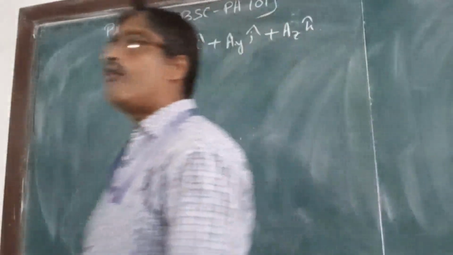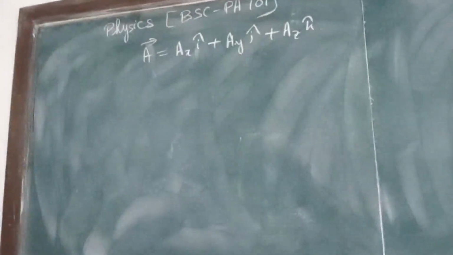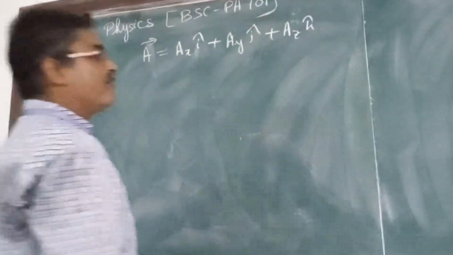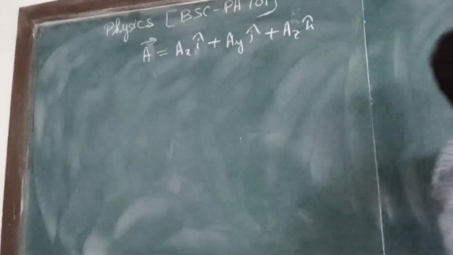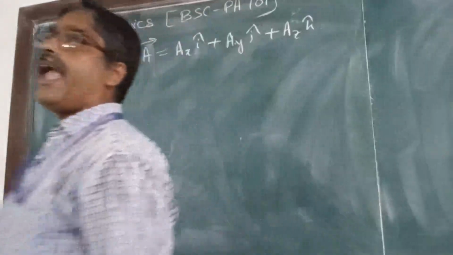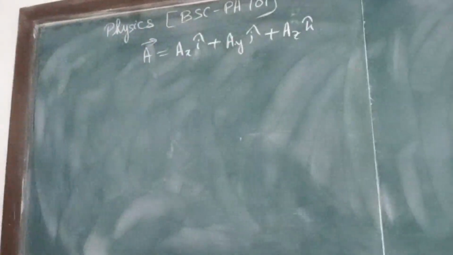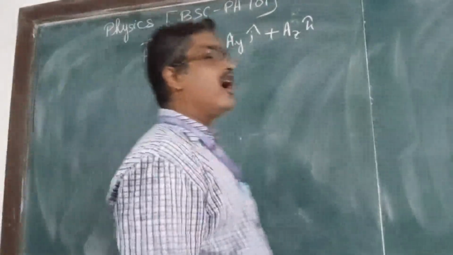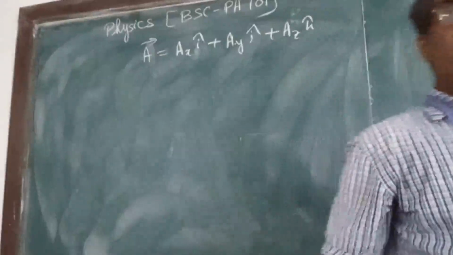So these are the components AX, AY and AZ, where i cap, j cap, k cap are the unit vectors along the X, Y and Z directions.